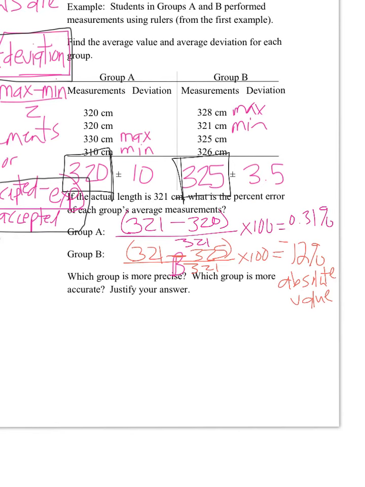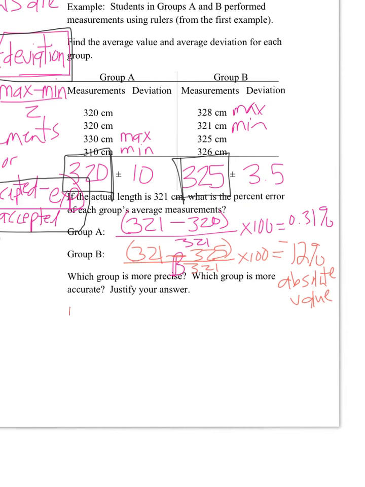So now we can ask ourselves the second part of this question. The first part was which group is more precise, and we decided that Group B's values up here were closer together because the deviation from the average was only 3.5. Who's more accurate, though? That's going to be Group A. I'm going to rewrite this.